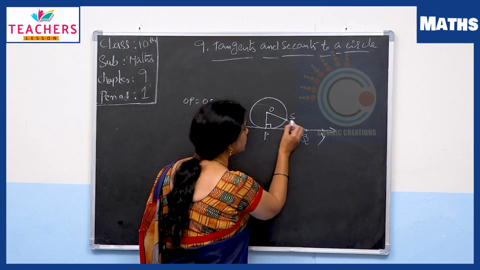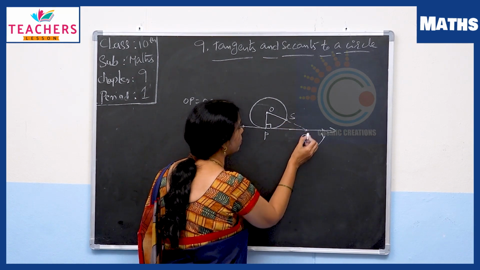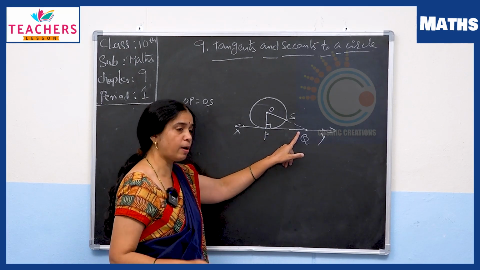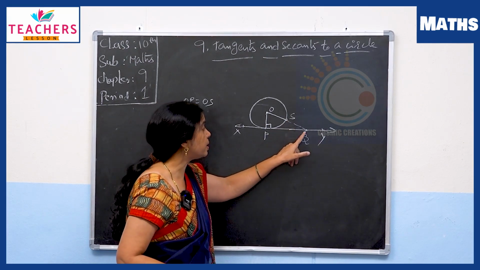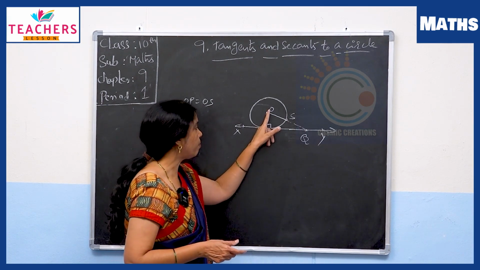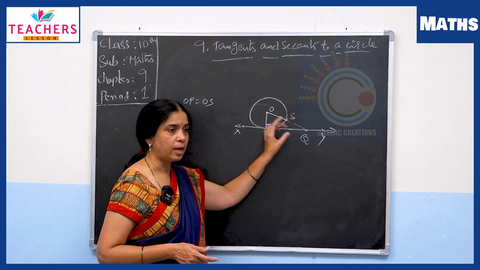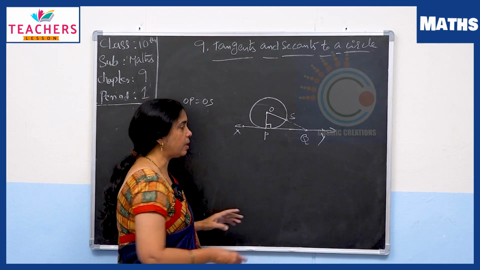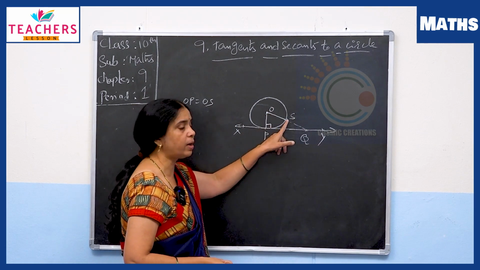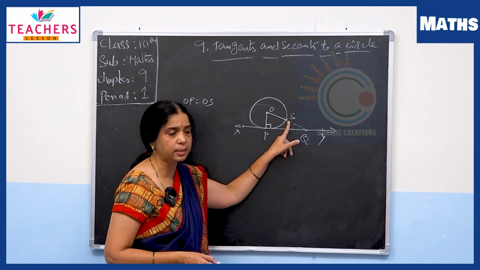Now, what is SQ? Q is an external point. SQ is the extra distance from O to Q, other than the radius. SQ is the extra length beyond the radius OS.